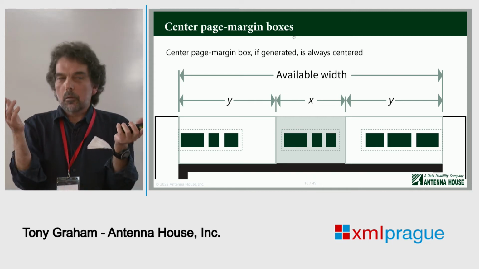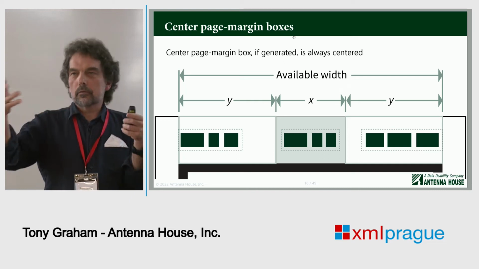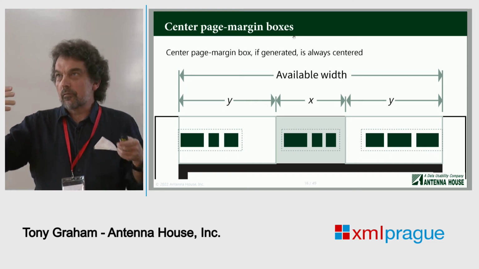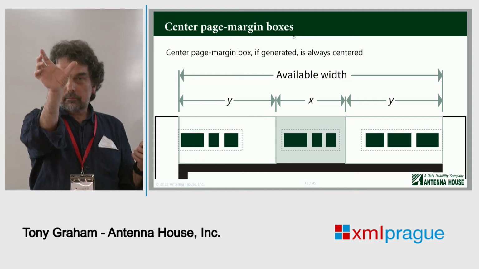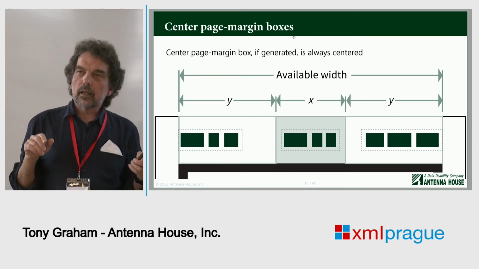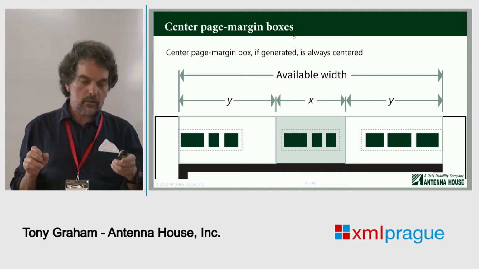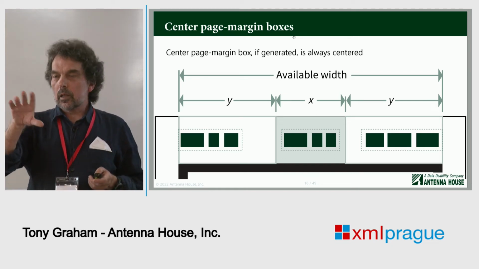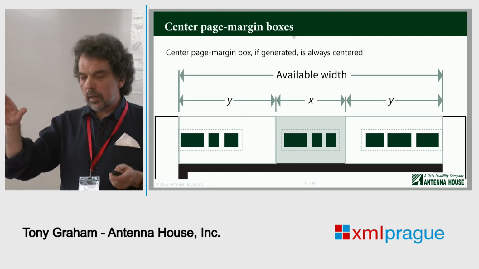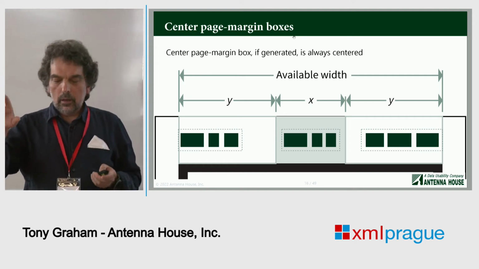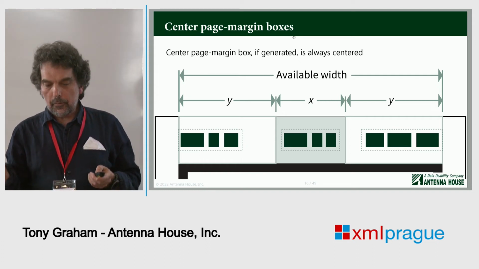That makes it easy for what you often expect to see in a book: the section title, chapter title, or in the footer, the page number right there in the center of the header or footer. You don't have to make any calculations or change anything to make that work.